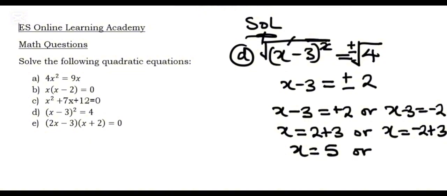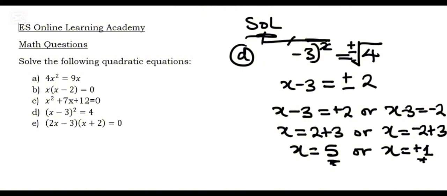Then, or x equal to negative 2 plus 3. Keep the sign of the larger number and subtract. So we're going to keep the sign of 3, which is positive, and then subtract 3 minus 2. That simply gives us 1. So the two solutions are x equal to 5 and x equal to 1. So that is for D.